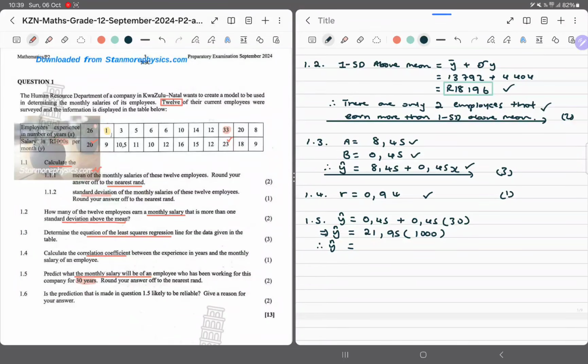Therefore the salary is going to be this one multiplied by 1,000. So it's going to be 21,950 rands. Okay, so that's it. We leave it at that. We don't complicate it. The most important is substitution and the answer. So that's it.